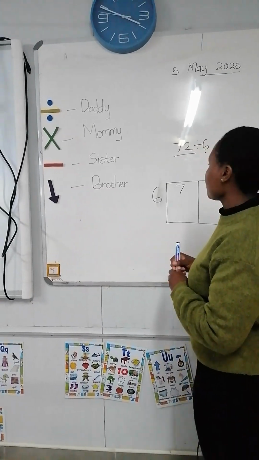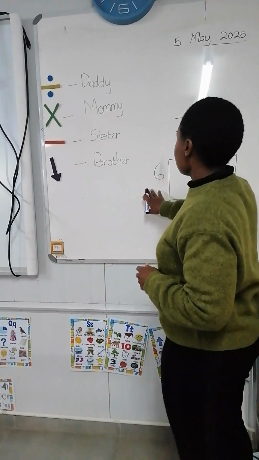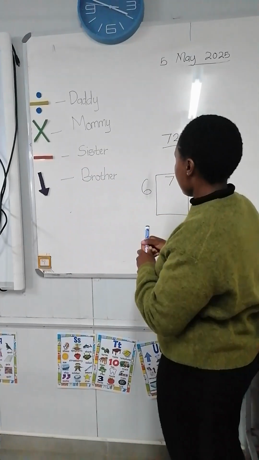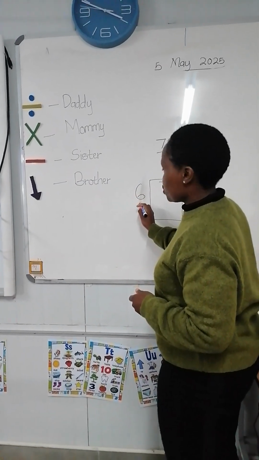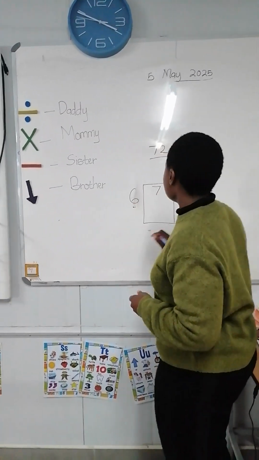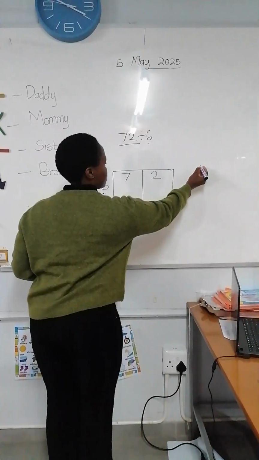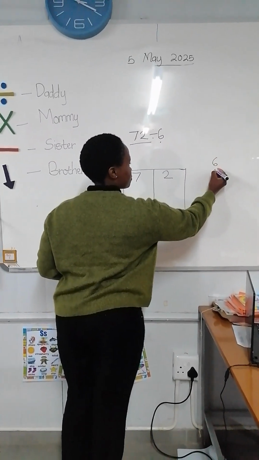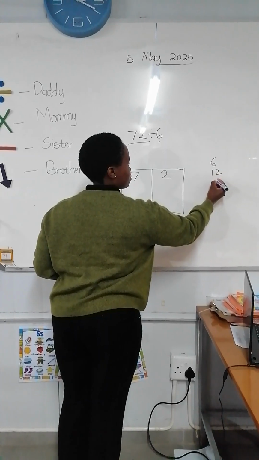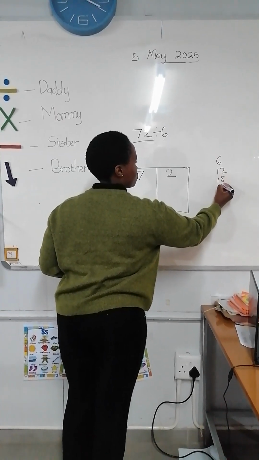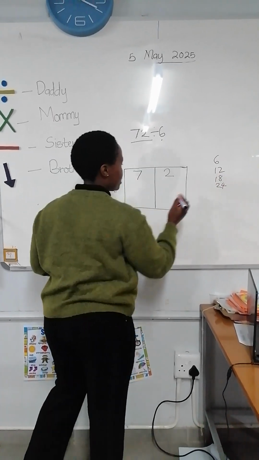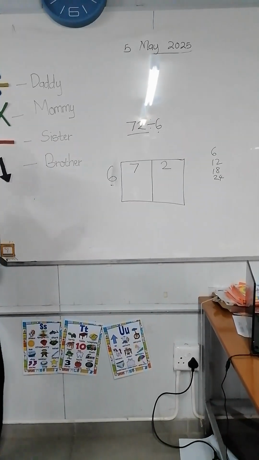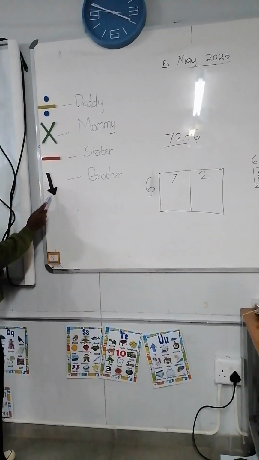But the first thing we must do is a clue board for 6. Let's do a clue board for 6. Okay, let's go back to following our rules.